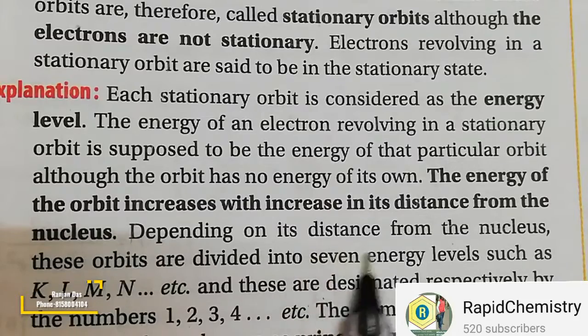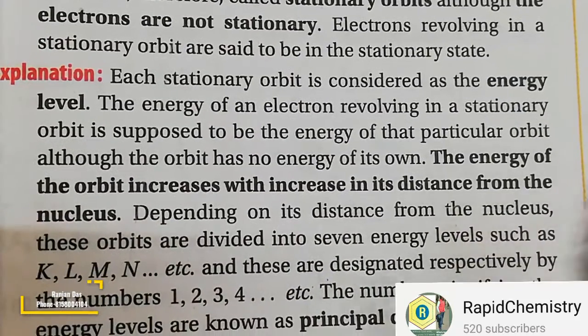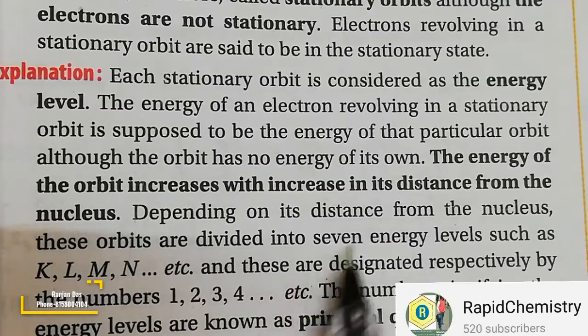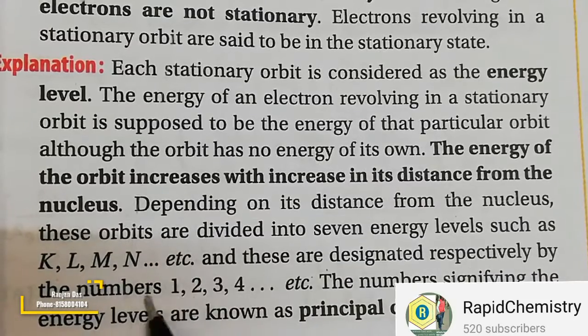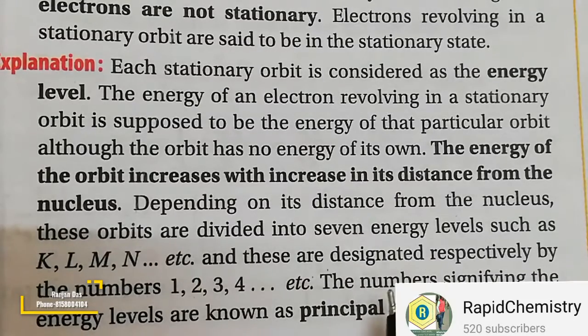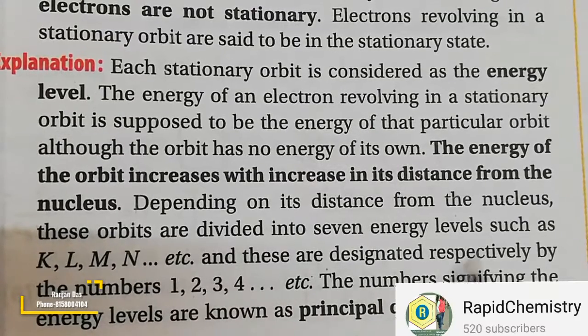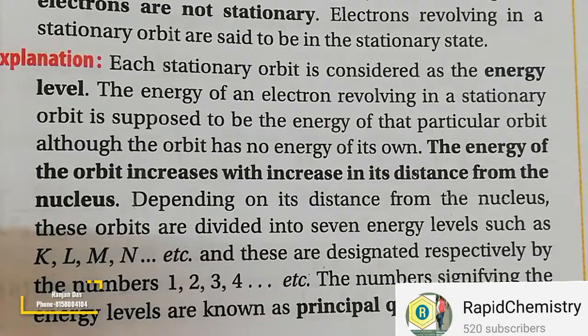Depending on the distance from the nucleus, these orbits are divided and named K, L, M, N, O, P, Q, and they are designated respectively by the numbers 1, 2, 3, 4. The numbers signifying the energy levels are known as principal quantum numbers, and we will discuss that in detail afterwards.